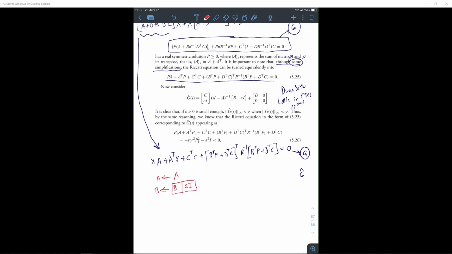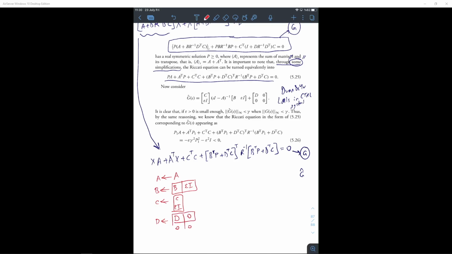Whenever we see the C matrix, we substitute C epsilon identity. And last, whenever we see the D matrix, we substitute D 0 0 0.